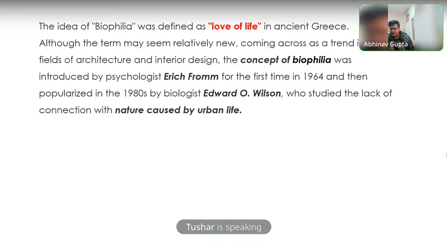The philic part comes from there: philic is basically having a liking. Biophilic means having a liking for the bio, which is nature. Biophilia combined with architecture creates biophilic architecture.